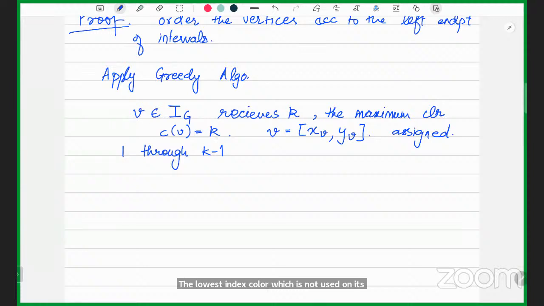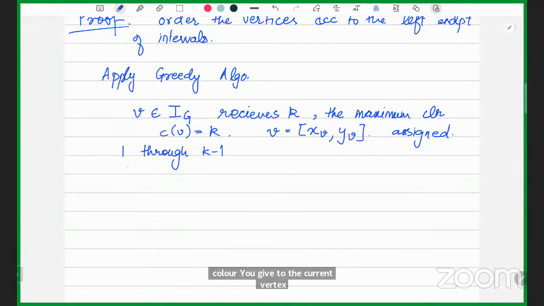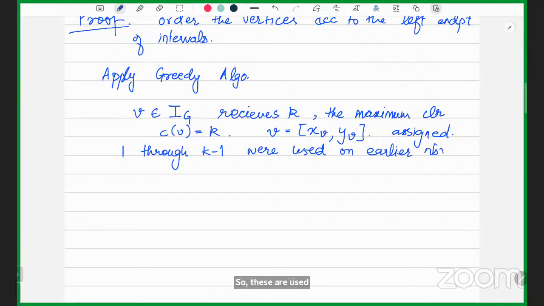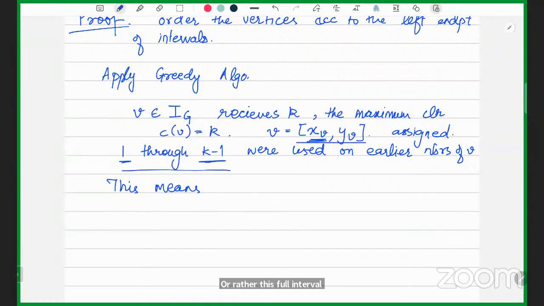So if V is getting the color K and that is the maximum color, then this means 1 through K minus 1 have all been used on the neighbors of V which have appeared before V. So these are used on earlier neighbors of V. This means this endpoint has been there in all of these intervals, or rather this full interval has intersected these many intervals, correct?